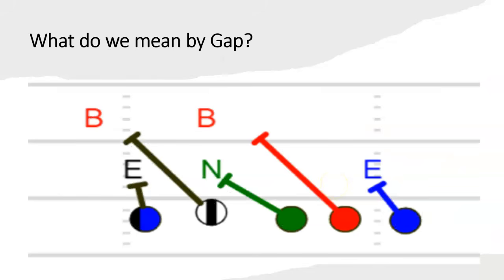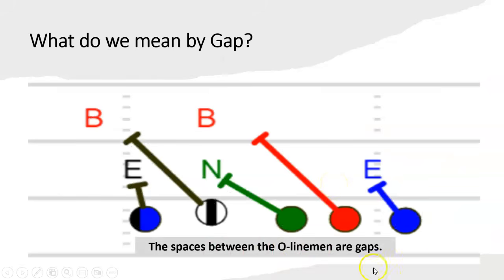All right. So what do we mean by gap? The spaces between the O linemen are gaps. And I know some of you are going, I know what this is, Coach. I know you know. But remember, I try to appeal to all levels of coaching, and we have some that are just now deciding they're going to coach their nephew's team down at the rec, or they're going to coach their son's team.